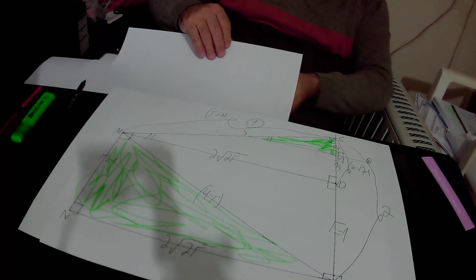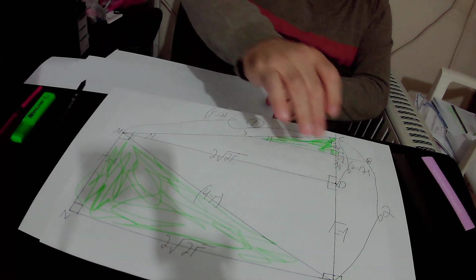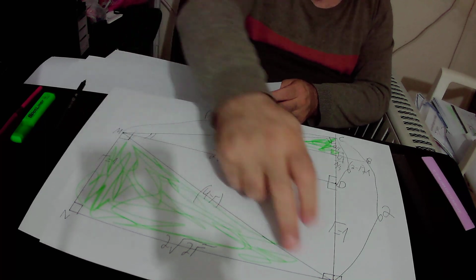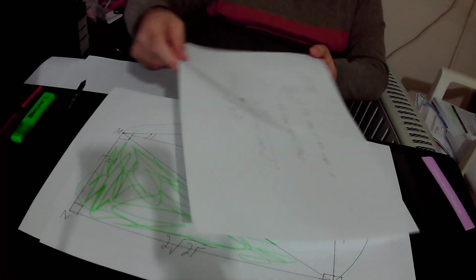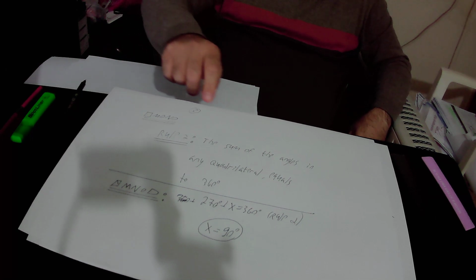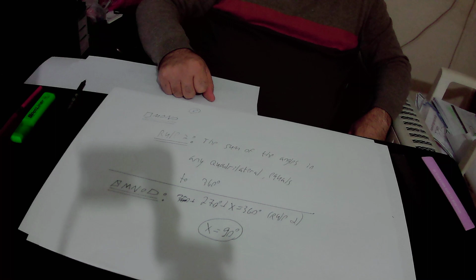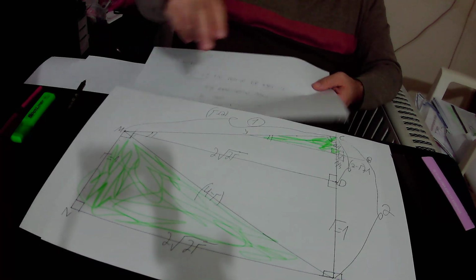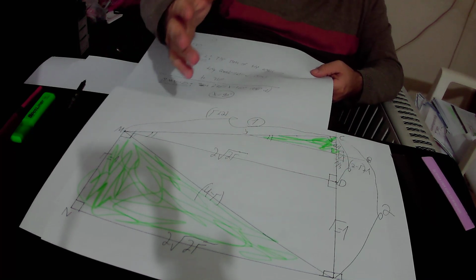As you can see, in quadrilateral MNOD we have 3 right angles: 1, 2, 3. And we have rule number 2 that states that the sum of the angles in any quadrilateral equals 360 degrees. So in quadrilateral MNOD, the sum of the angles equals 360 degrees.